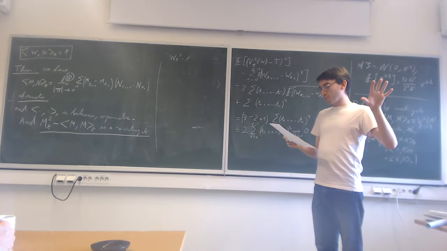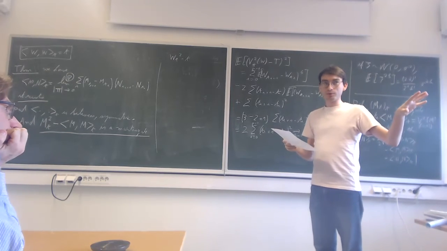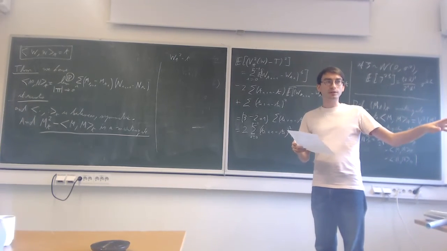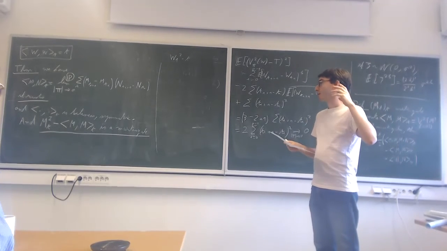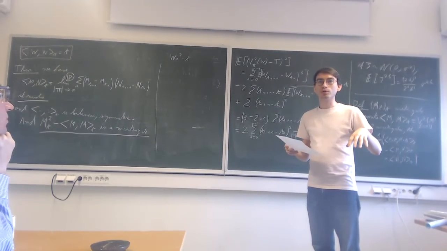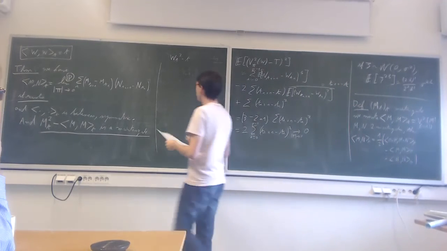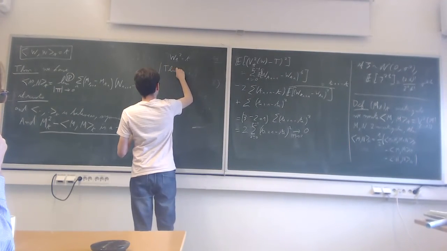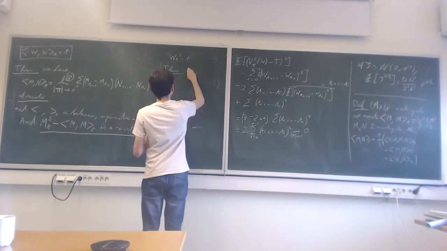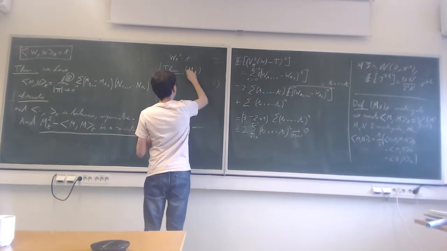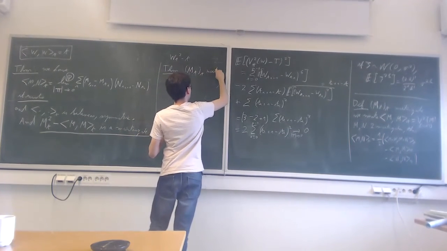And now I will move a bit further. I will try to give you some insights on what we will prove later, to give you an intuition of what we're going to do. For this, I need to give you some results that we'll see later. The main result is: we take n_t a martingale.